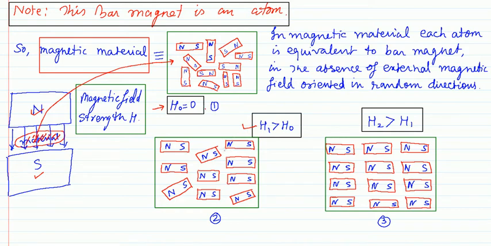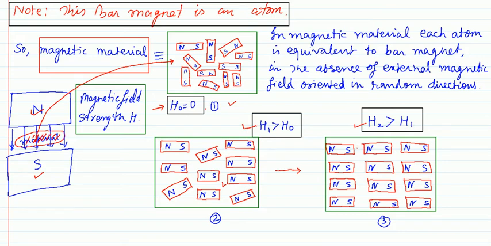In this case we observe these bar magnets oriented in the direction of the magnetic field. Here you can see the difference between picture 1 and picture number 2. Now further, in the third case, we are increasing the intensity of the external magnetic field, that is H2, which is greater than H1.